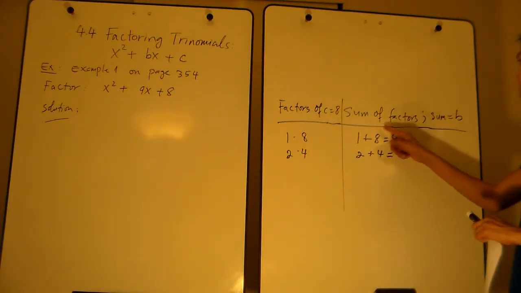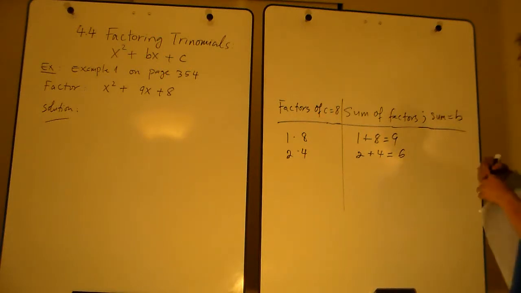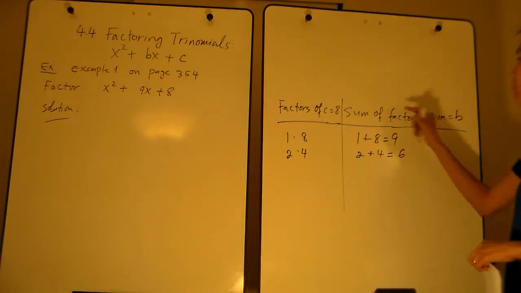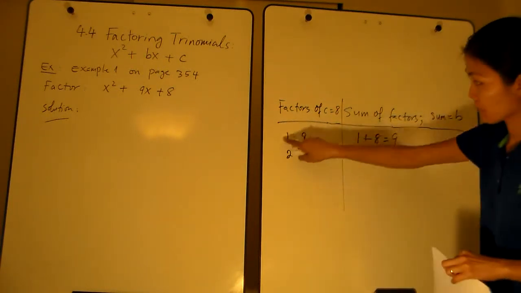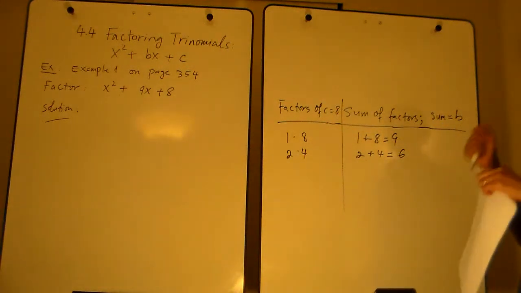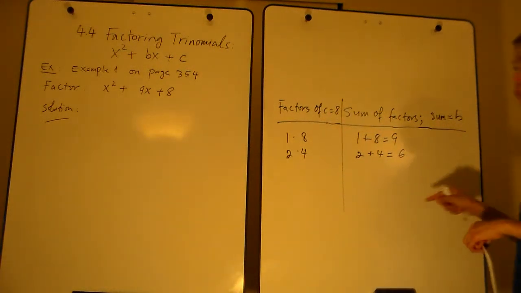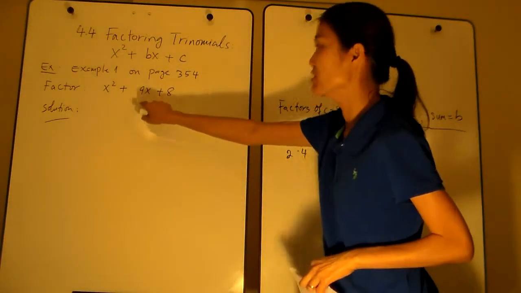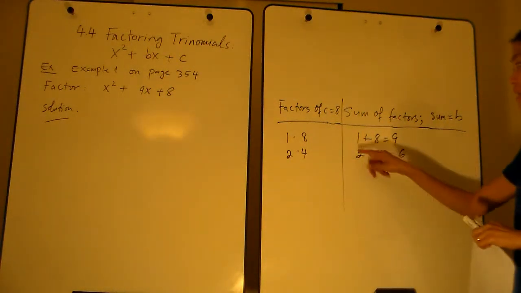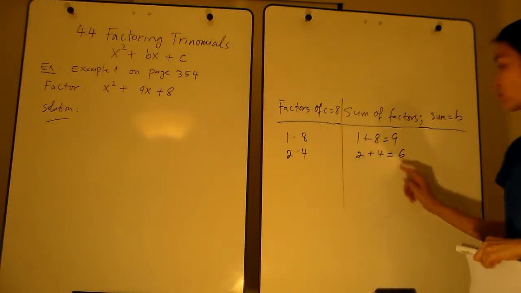And sum of factors, you find the sum of these factors, 1 plus 8 or 2 plus 4, okay? But the goal is that the sum has to equal b, which is 9, okay? Now, I know that it has to be 1 plus 8 or 2 plus 4, okay?